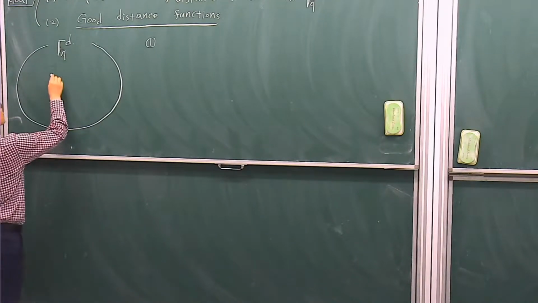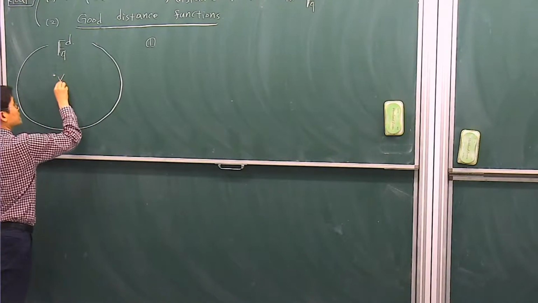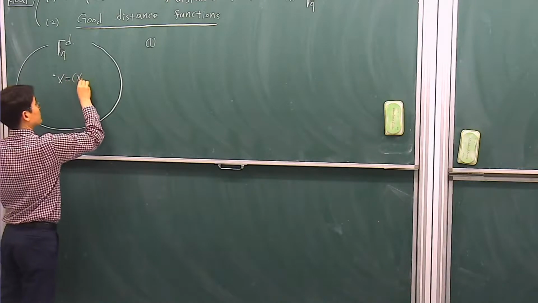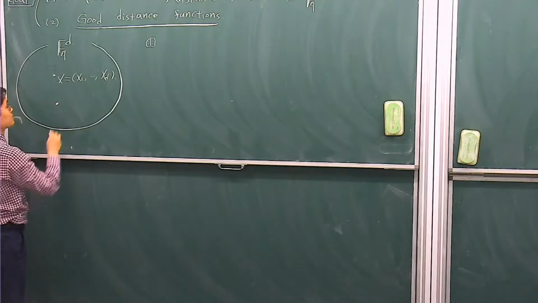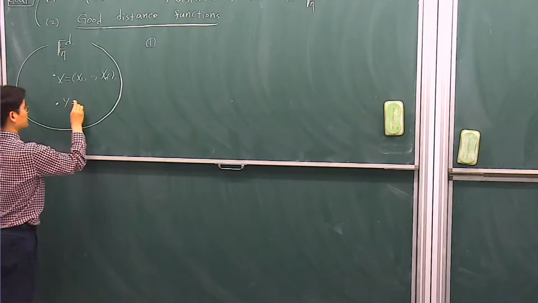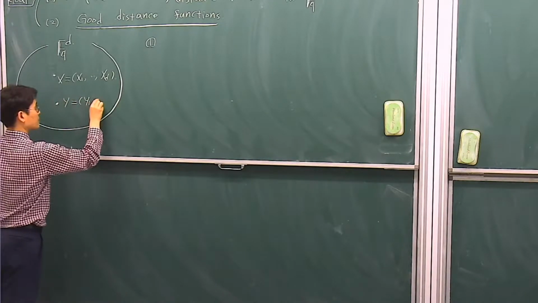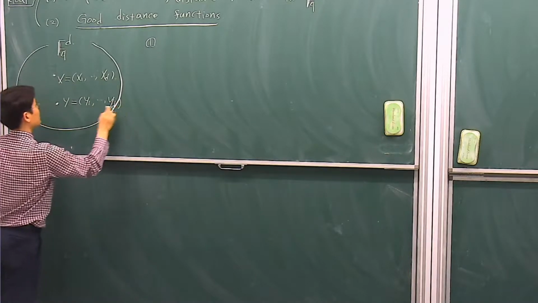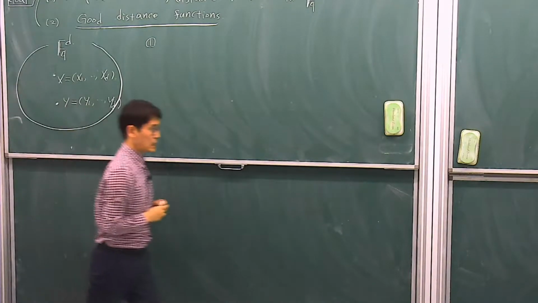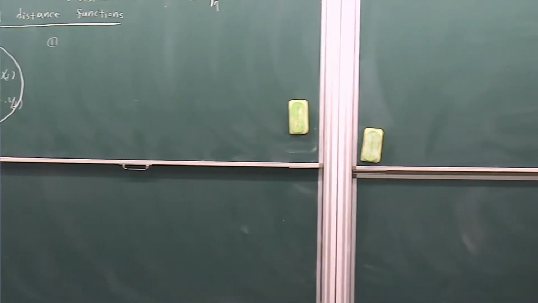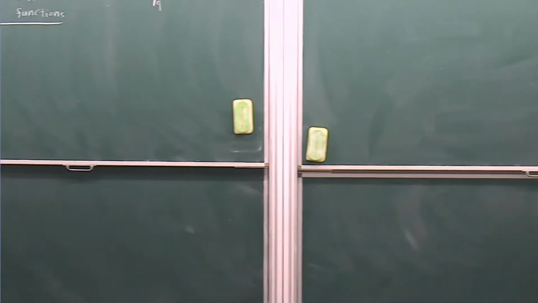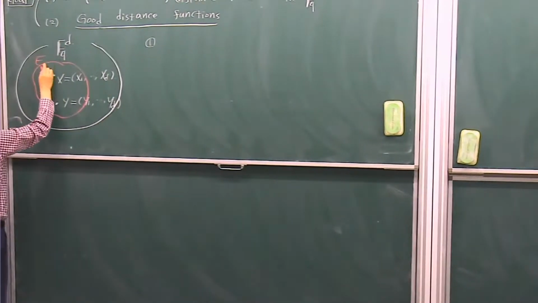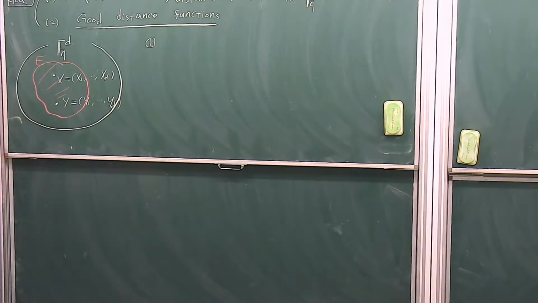Here is a vector x with coordinates x1 up to xd. Here is another point. Now we have a set E, an arbitrary subset, any set.